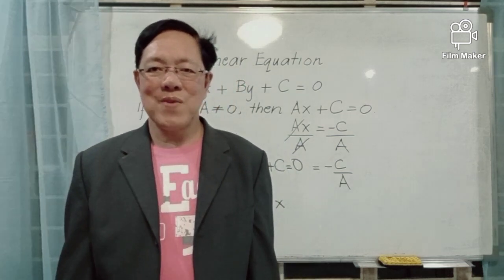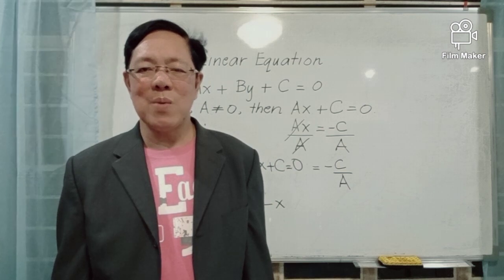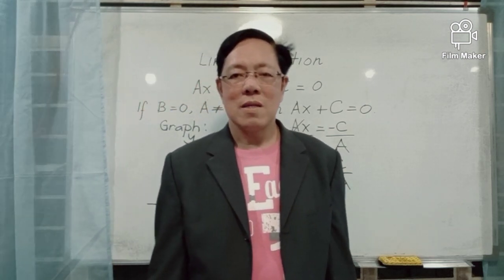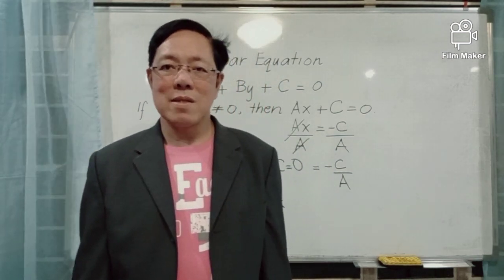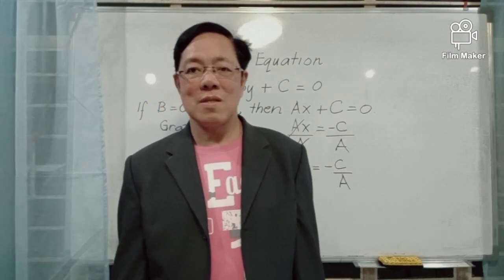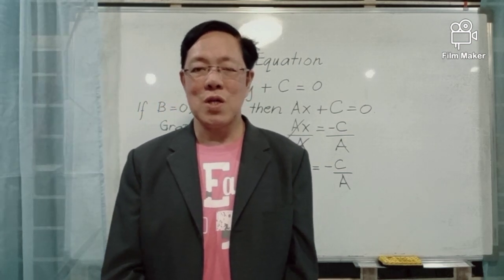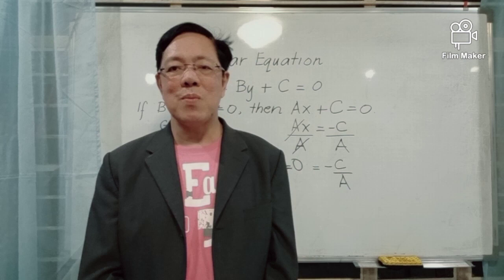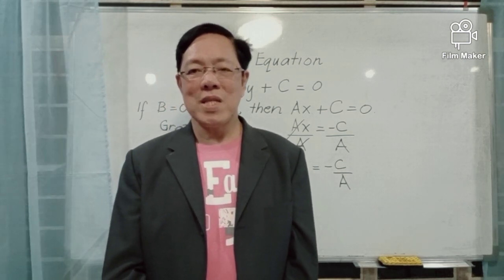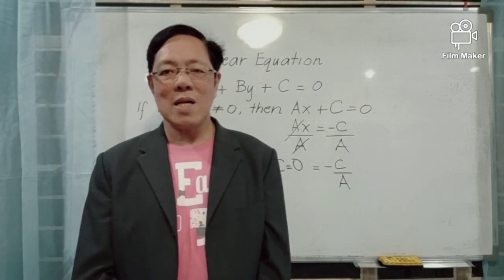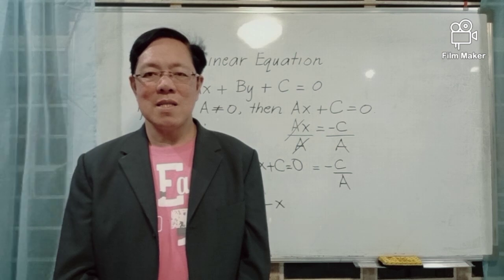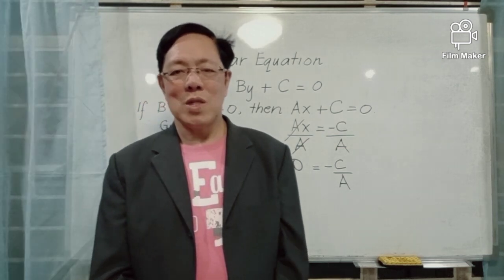While the graph of a linear equation in only one variable x is a vertical line that will pass through a point on the x-axis, which represents the solution of the linear equation in one variable x, and the vertical line is perpendicular with the x-axis and parallel with the y-axis.